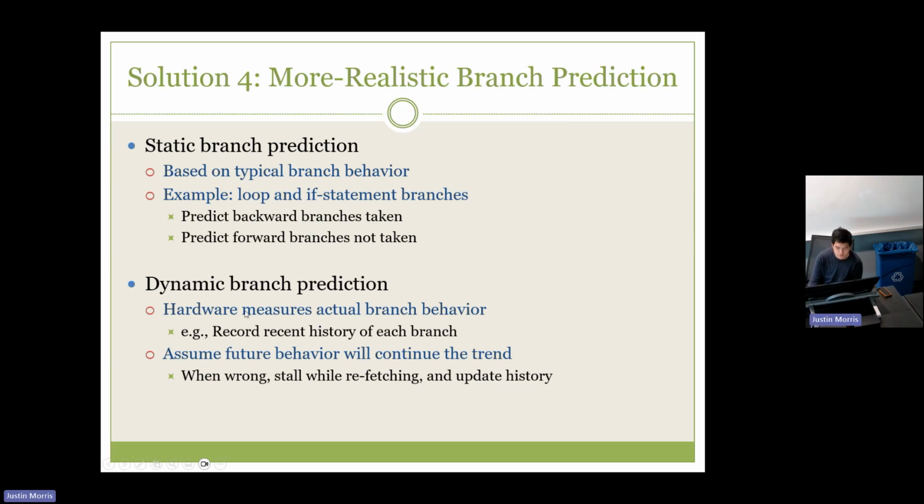We're going to use hardware to measure the behavior of the branch and its history, and then assume that the future behavior will continue the history of that branch instruction. If that branch instruction was, say, not taken 2 times in a row, the next time we see it, we will predict that it will be not taken again. Okay? So we're going to use hardware to save this history and use that to guide what our prediction should be.